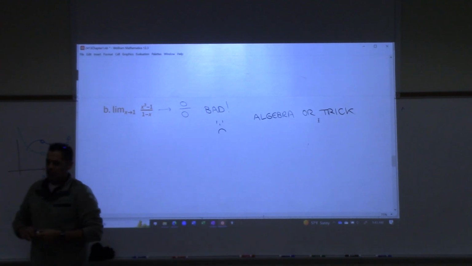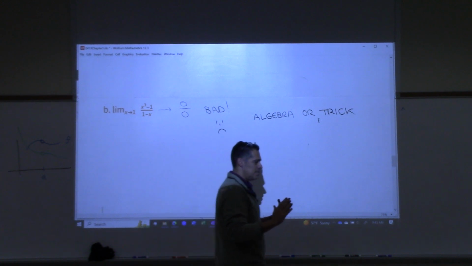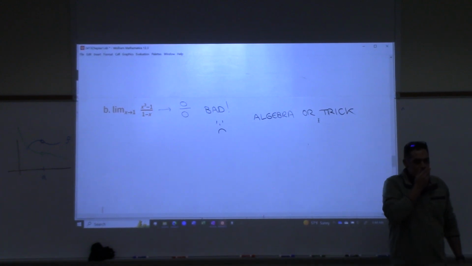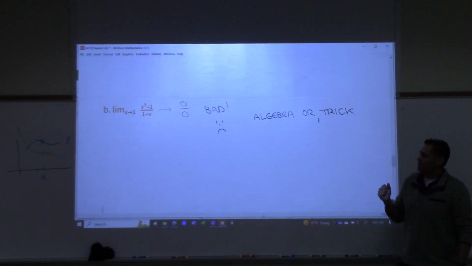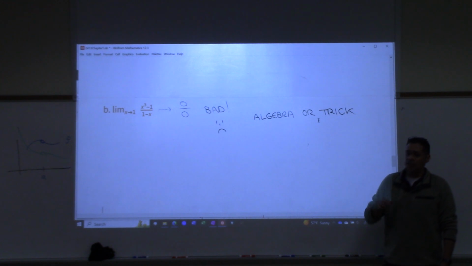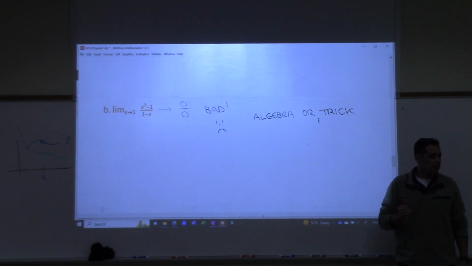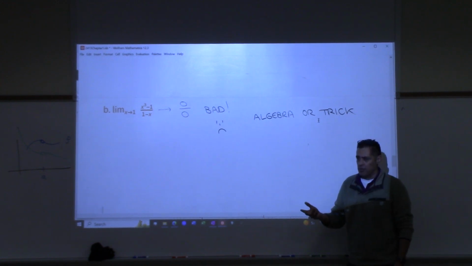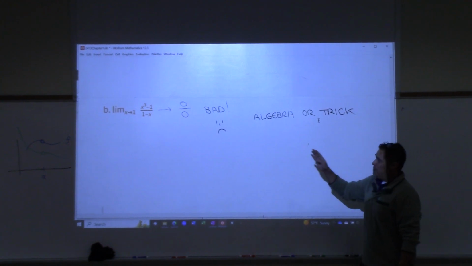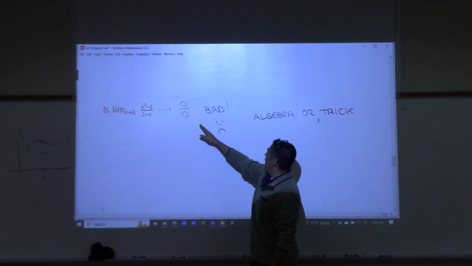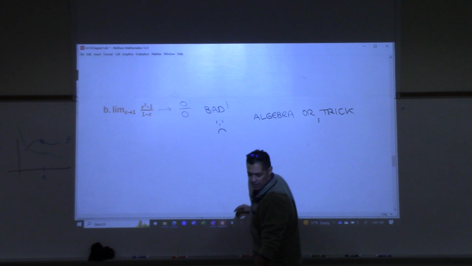This is it. Cal 1 is now officially beginning, in terms of limits. We are trying to figure out what this function does as we get close to 1, right? What we know is that we can't plug 1 in, because if we try and plug in 1, we get 0 over 0. So we can't do direct substitution. So this is a bad situation, and we're going to need algebra or some trick.